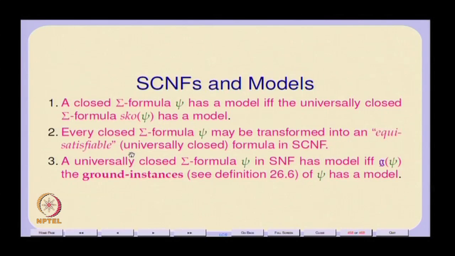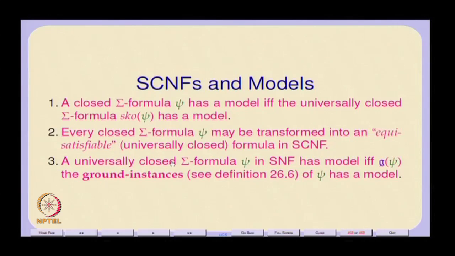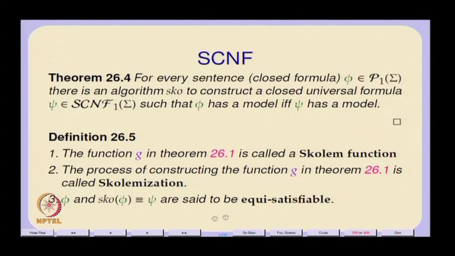That means it is a universally closed formula in prenex normal form, with a sequence of universal quantifiers followed by a body consisting of only propositional connectives and predicates. So this is what the Skolem normal form tells us.